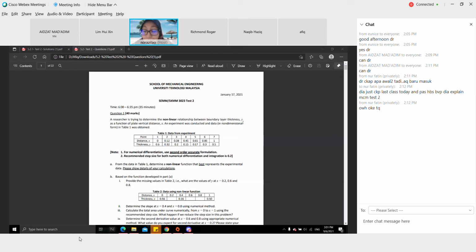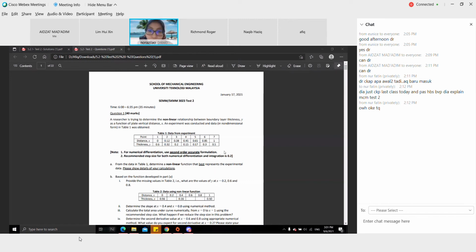Okay, this table is actually from the original data experiment. The distance and the thickness are given to you. So you know that this is y and x. Okay, you can imagine y, x. Okay. So original point, okay.